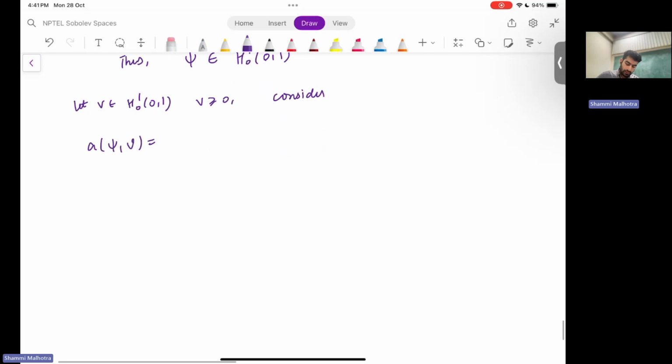So this is nothing but the integral from 0 to 1 of p psi dash v dash plus q psi v.